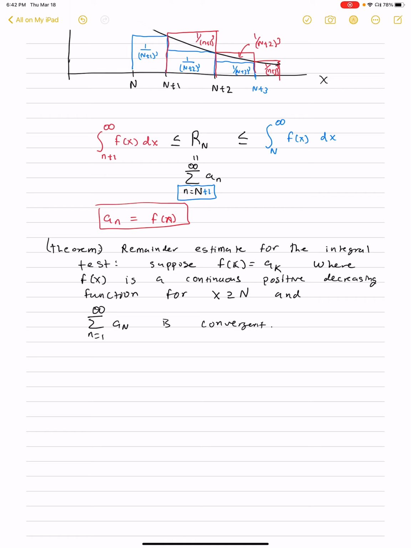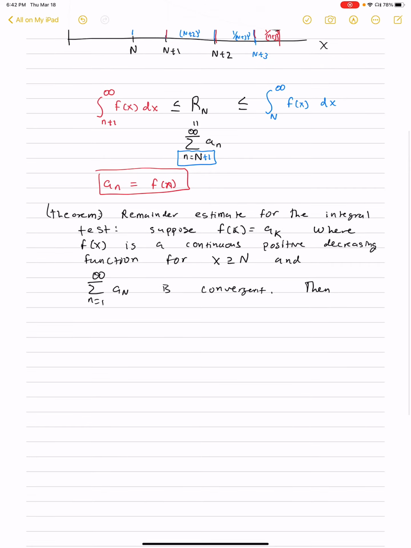Then we have this set of inequalities: the integral from n plus 1 to infinity of f of x dx is less than or equal to this remainder term that was defined above, which is less than or equal to this integral that starts at n.